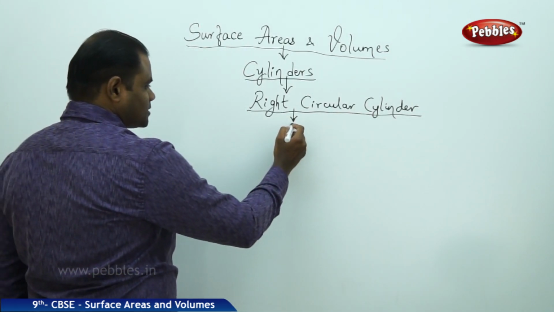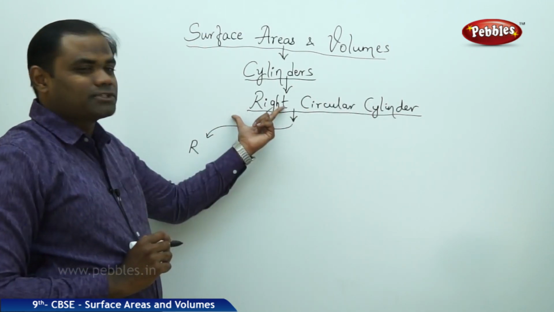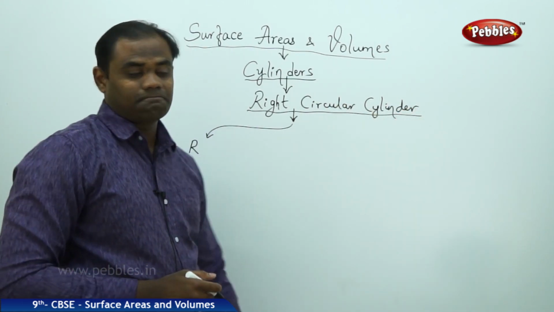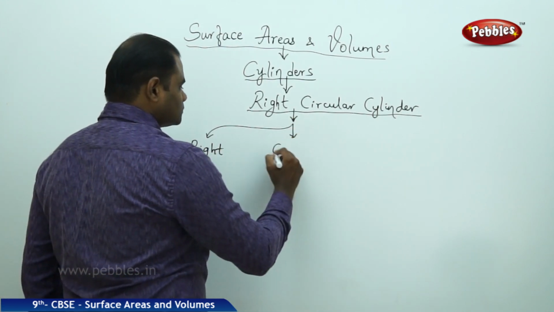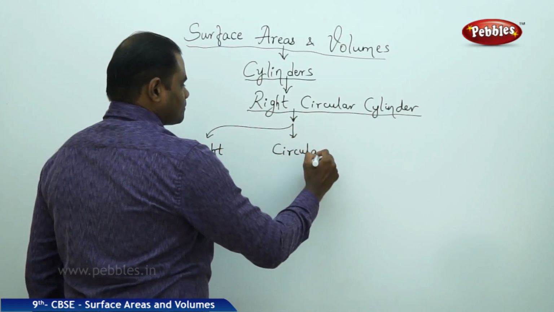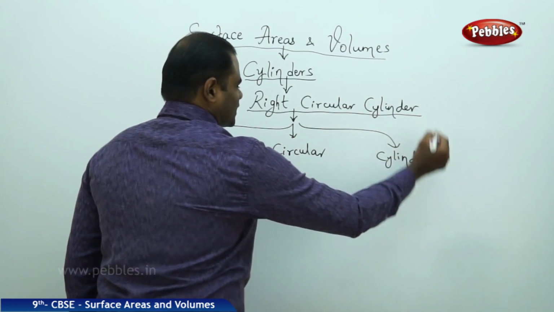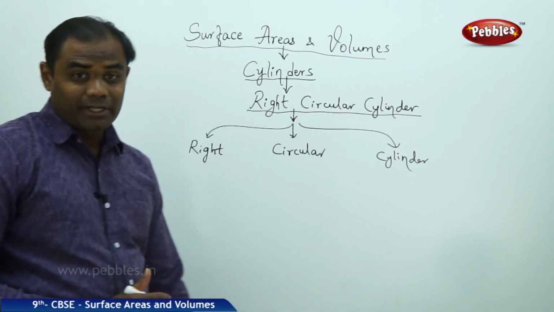As I see the right circular cylinder, I have three different things which I understand: the one which is right, the one which is circular, and the one which is, of course, a cylinder. So we differentiate a right circular cylinder into three classifications.